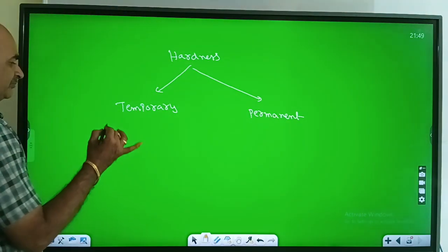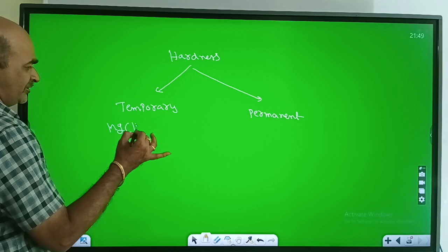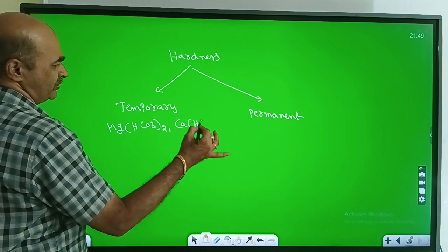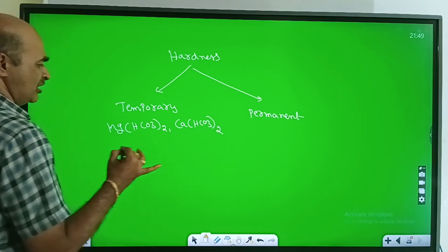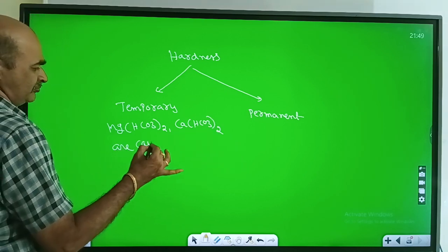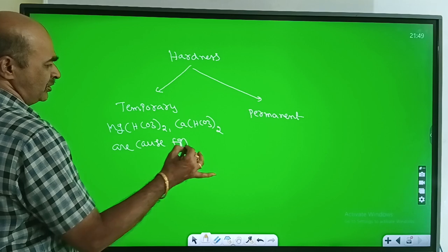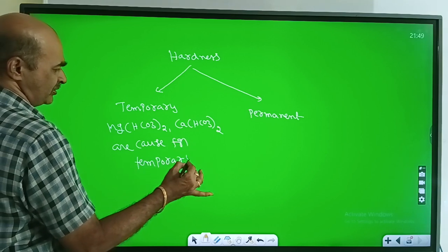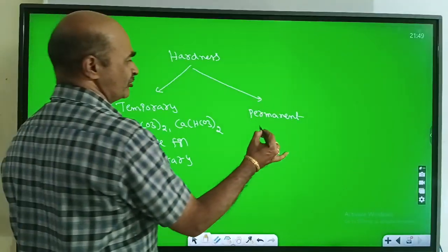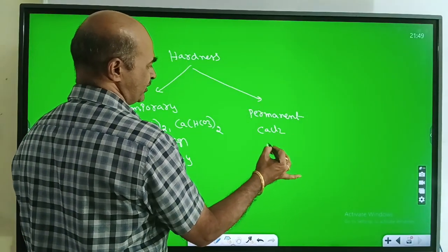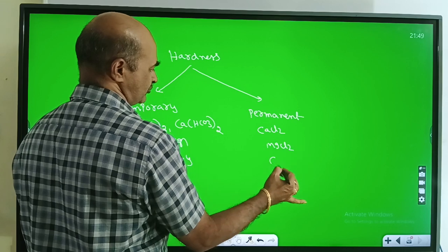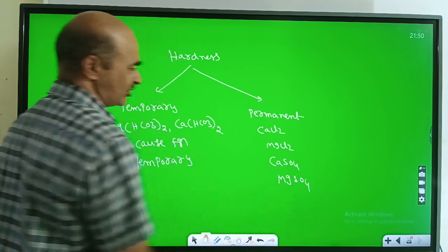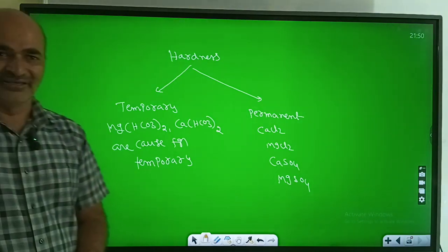Magnesium bicarbonate and calcium bicarbonate are the cause for temporary hardness. And calcium chloride, magnesium chloride, calcium sulfate and magnesium sulfate are the cause for permanent hardness.